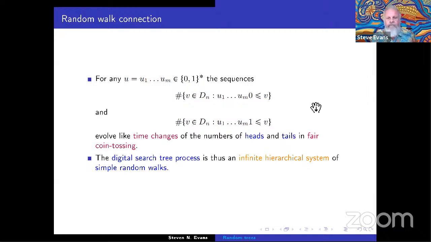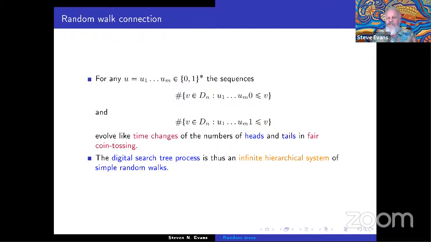And it's an exercise to show that if we look at the number of words that are in the left subtree below a vertex and the number that are in the right subtree below a vertex, those numbers evolve like time changes of the number of heads and tails in fair coin tossing.